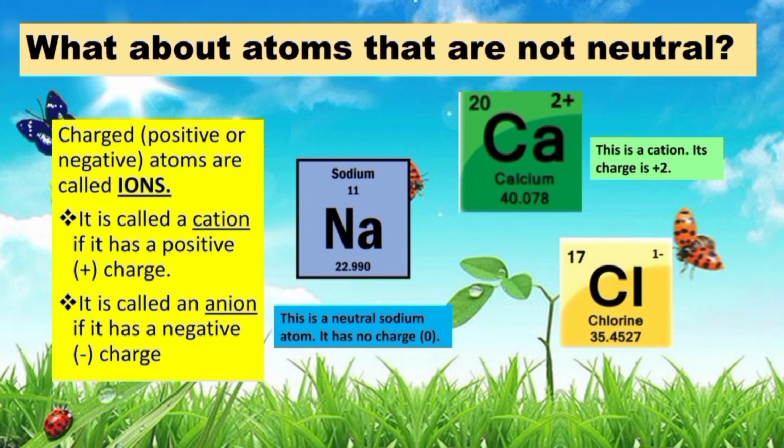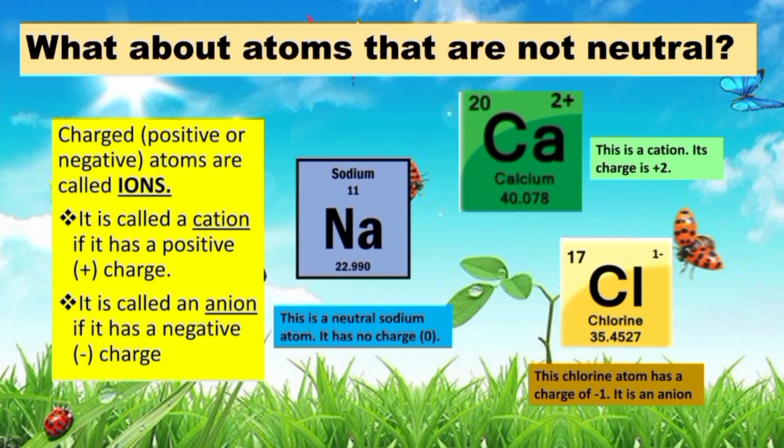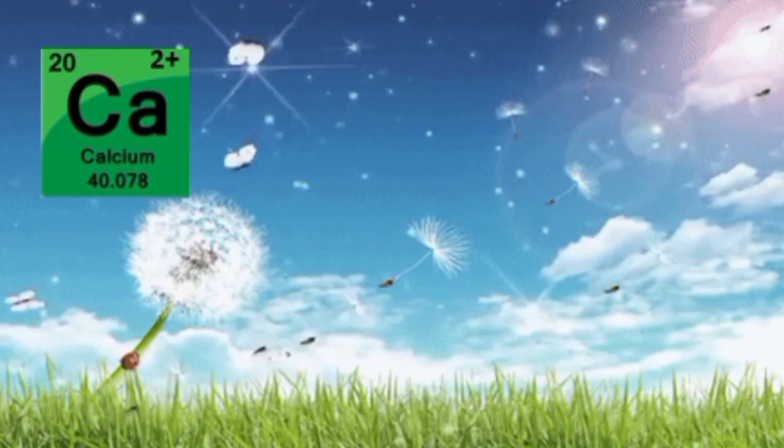Then, we have here chlorine. Yung nakalagay sa upper right hand is negative 1. So, the charge here is negative. It is an anion. Minsan, hindi na nilalagay dyan yung 1, negative sign na lang. But it is understood.